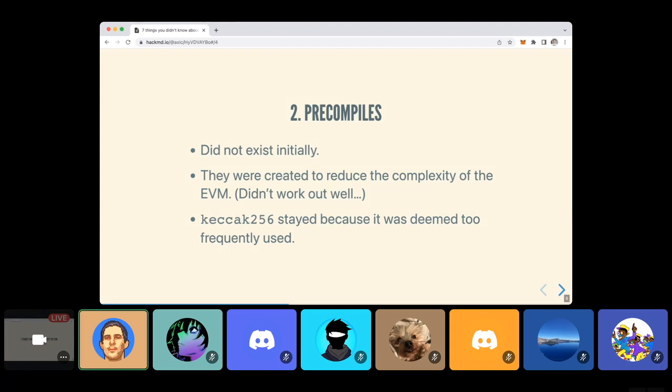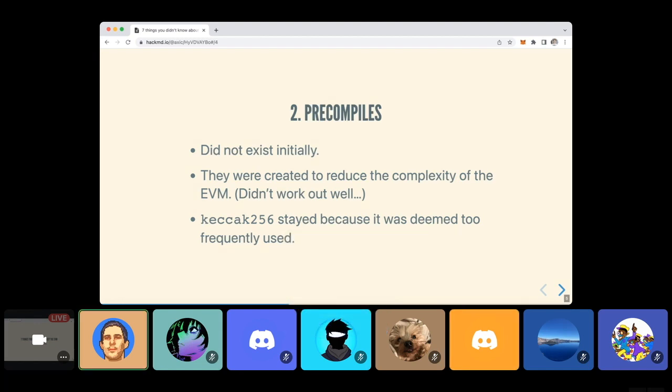And then interestingly, Keccak really fits the bill of a precompile, right? Because it's a much more complex operation than everything else in the EVM. But somehow that actually stayed in the EVM because it was deemed to be too useful and too frequently used.